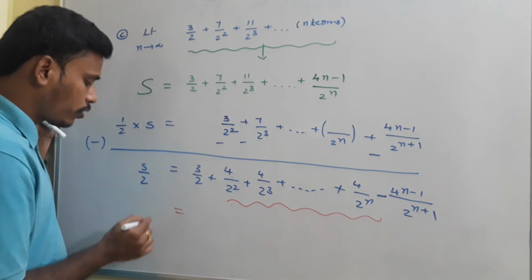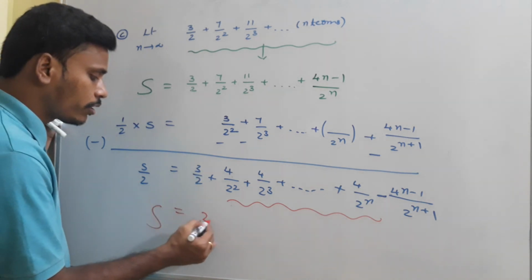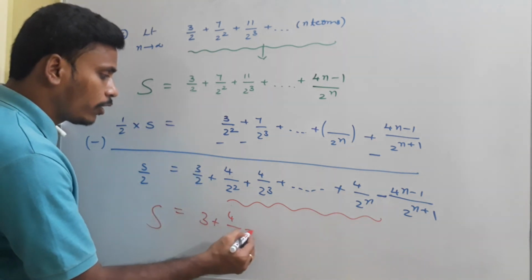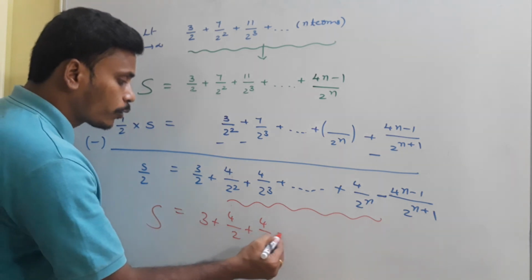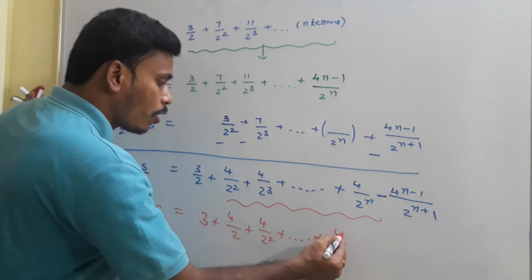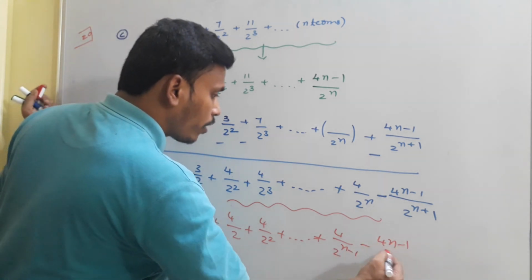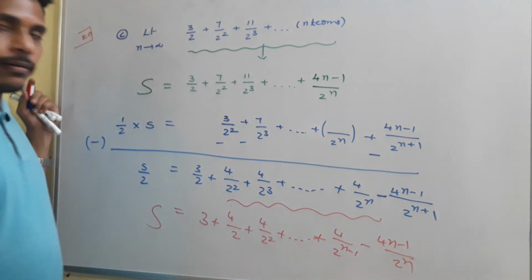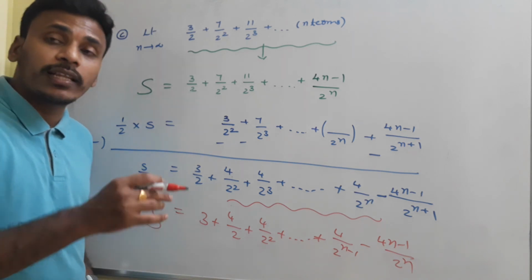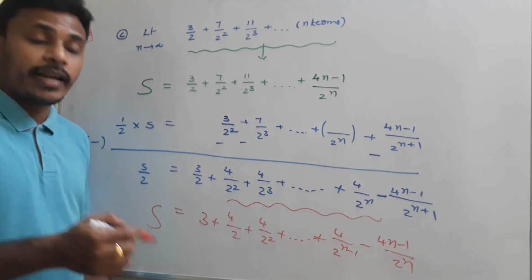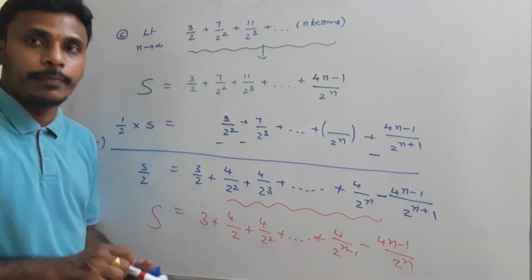Then S is equal to 2 into 3 by 2, which is 3, plus 4 by 2 plus 4 by 2 square and so on, plus 4 by 2 power n minus 1, minus (4n minus 1) by 2 power n. See, I am trying to find the summation first, and after identifying the summation, then I will apply the limit, okay?